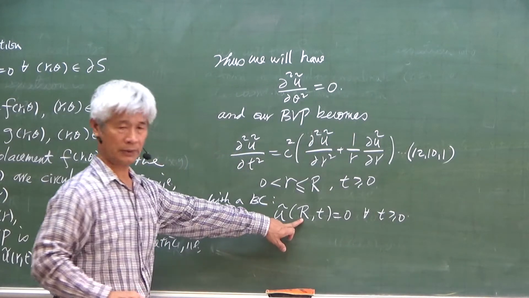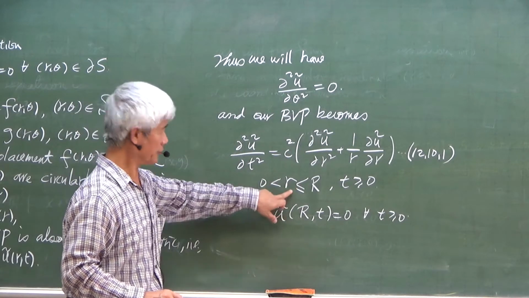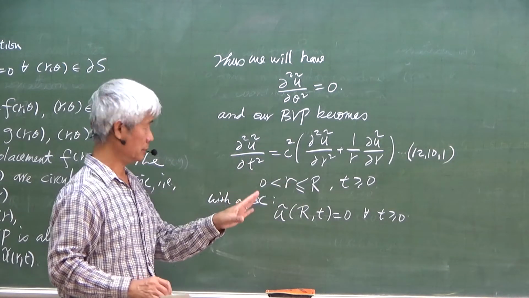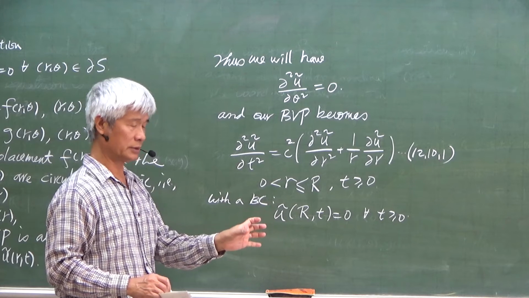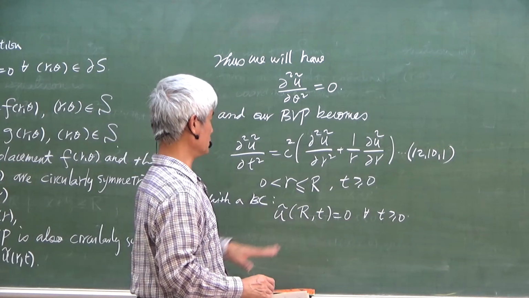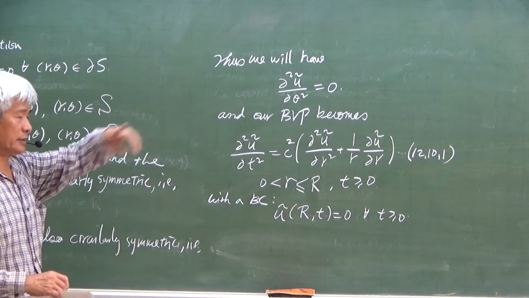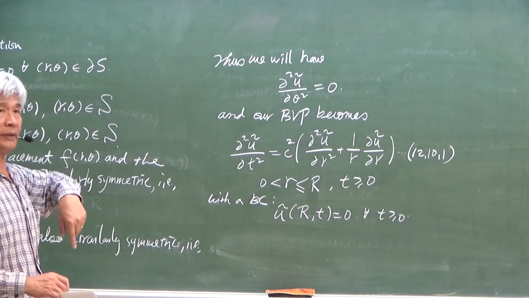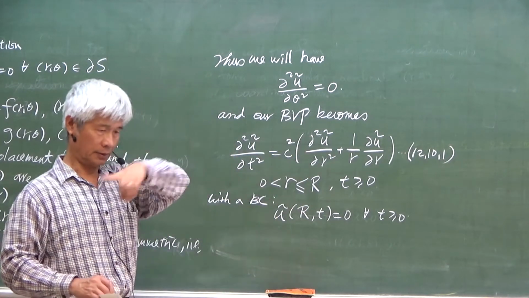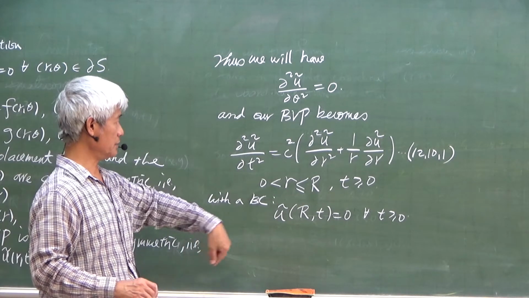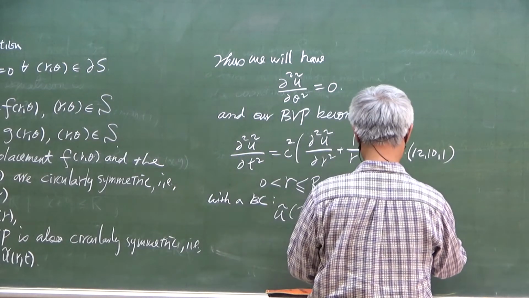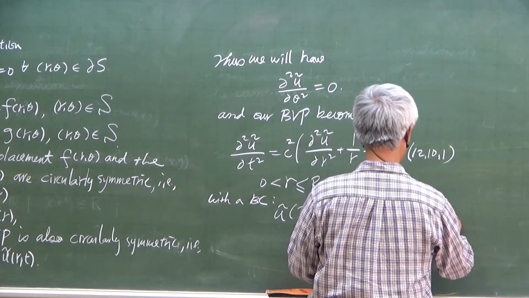So when r is equal to the radius of the circular membrane, capital R, it is 0 because we fasten the membrane along the boundary. So the displacement of the membrane along the boundaries is 0 for all time. So this is the 12.10.2.